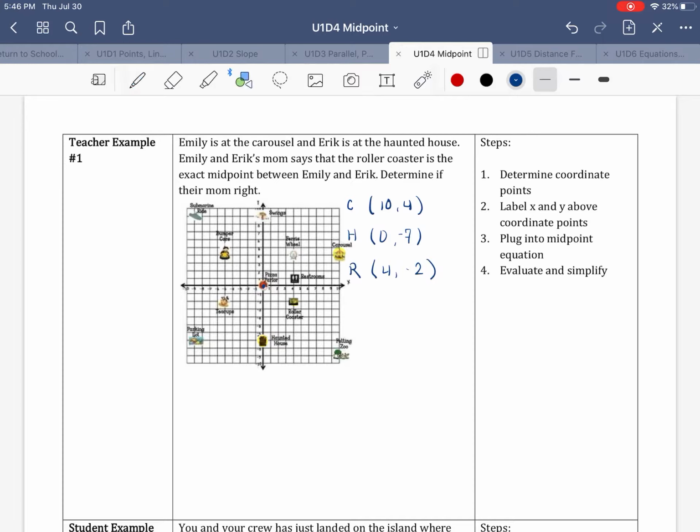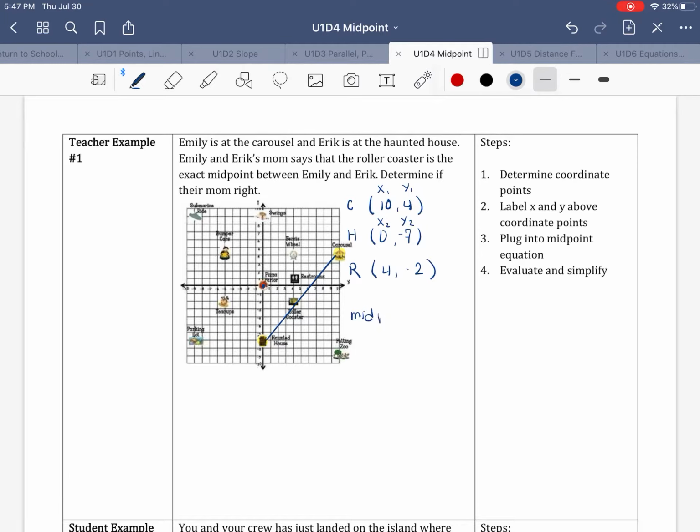All right. So if we imagine our line segment here, I'm going to go just like that. You can see that our endpoints are the haunted house and the carousel. So those are the values that we would plug into our midpoint formula. So I'm going to label x1, y1, x2, y2.